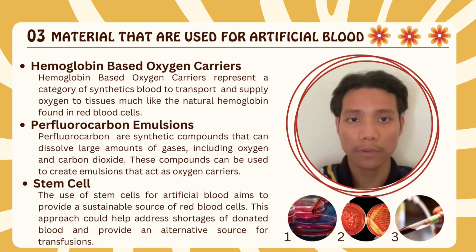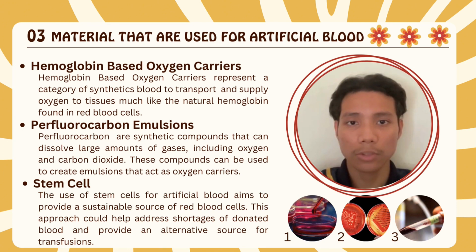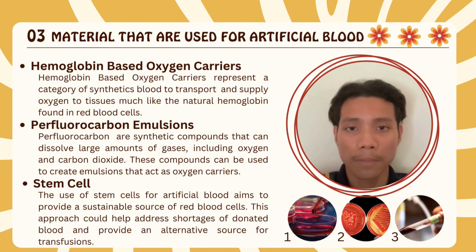Materials that are used for artificial blood. First, hemoglobin-based oxygen carriers. Hemoglobin-based oxygen carriers represent a category of synthetic blood that transports and supplies oxygen to tissues, much like the natural hemoglobin found in red blood cells. Second, perfluorocarbon emulsions. Perfluorocarbons are synthetic compounds that can dissolve large amounts of gases, including oxygen and carbon dioxide.